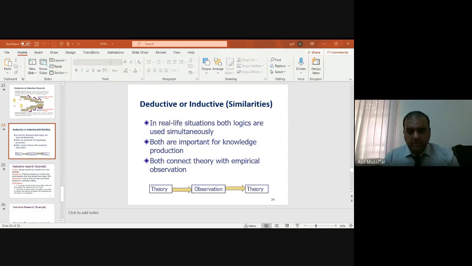What would be the purpose of the research? Is it exploratory or explanatory? Let's say there has been a lot of research on culture and social media. So that means it would be an explanatory research.